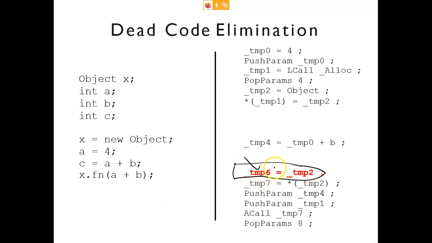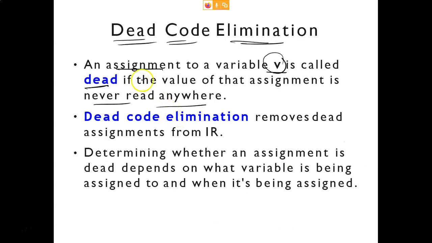We are not using this definition anywhere, so this assignment will become dead and you can delete it. So this is the definition of dead code: an assignment to a variable v is dead if the value of that assignment is never used anywhere. Dead code elimination removes dead assignments from the intermediate representation.